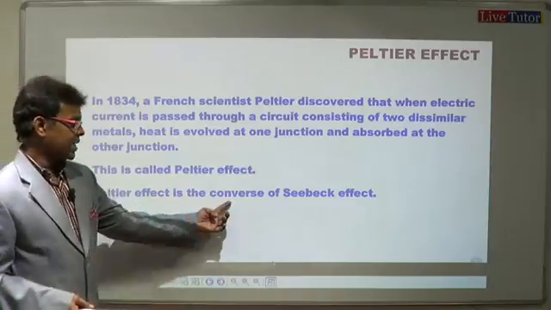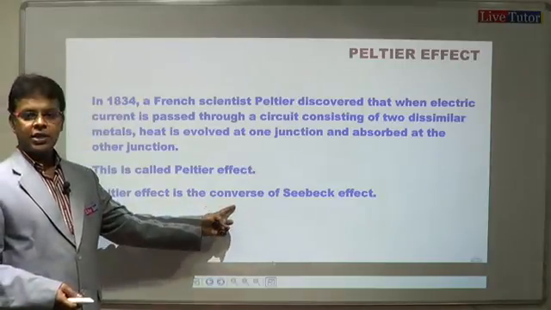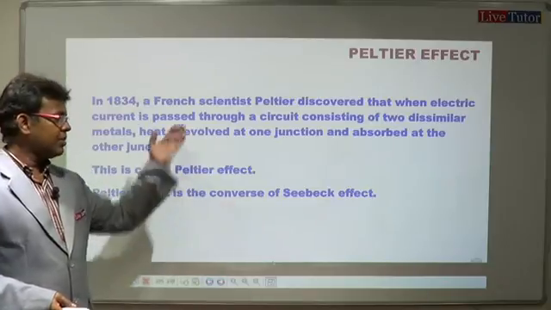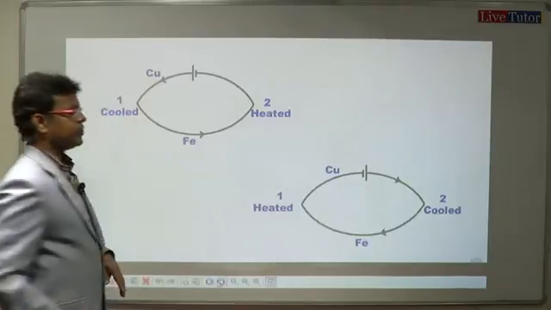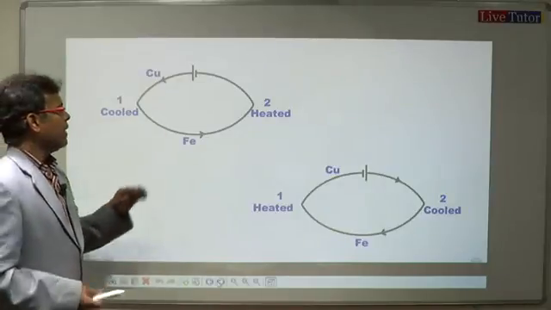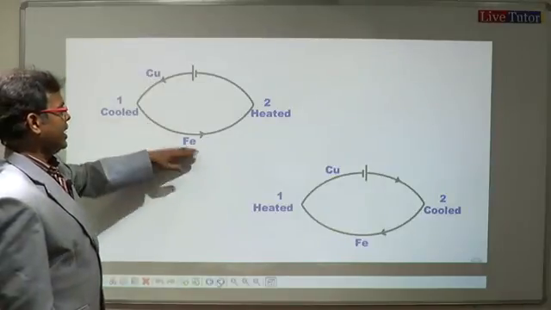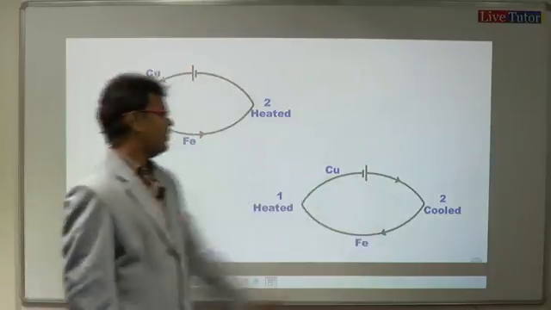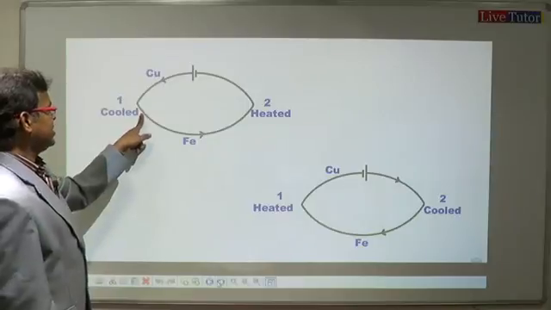And this is another multiple choice question. Which one of the following is a converse effect of Seebeck effect அப்படினு கேட்பாங்க. Okay, so remember Peltier effect. You can see here two dissimilar metals, copper and iron. Battery பார்க்கலாம், positive negative, இங்க negative positive, reverse பண்றோம். அப்போ what is the direction of current? Right?